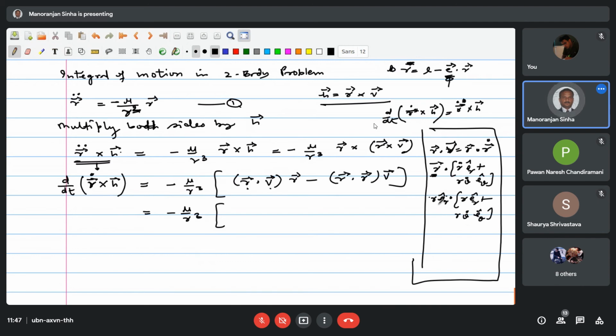So e_r cap dot e_theta cap is 0 because they are perpendicular to each other, and we are left with r times r dot. And then the r factor is here. This quantity becomes r square, and this is your r dot.